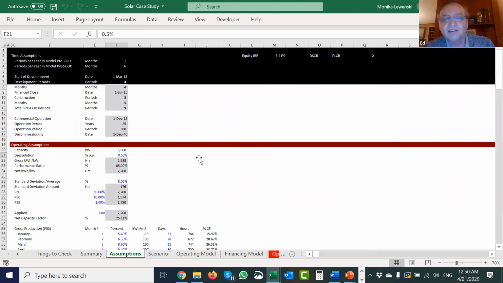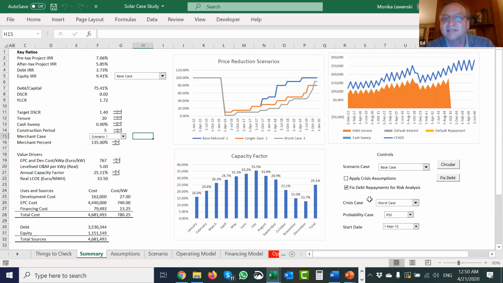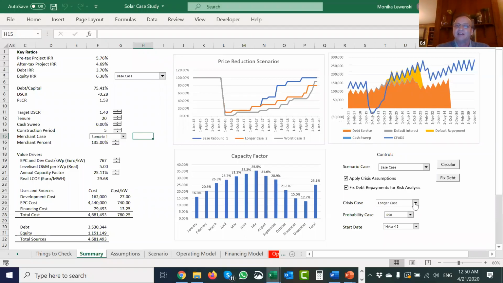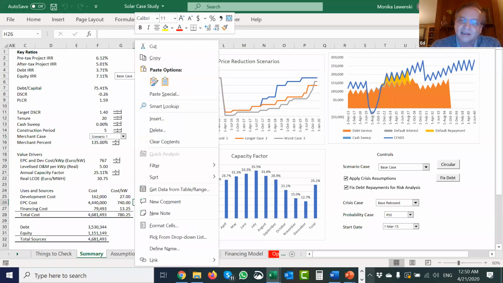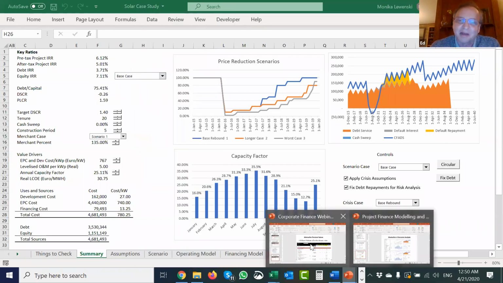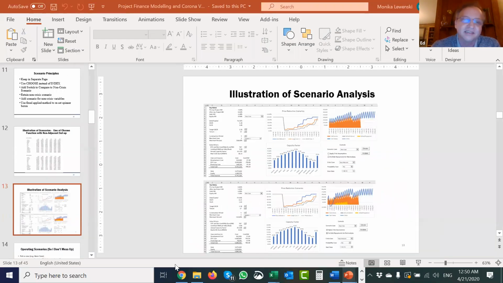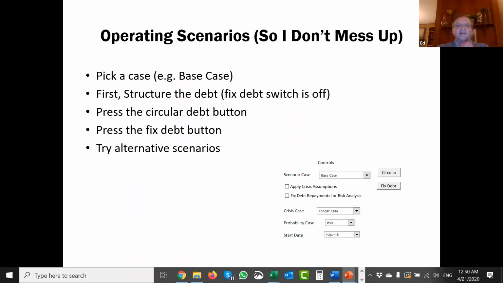Now, what you can do then is I think I'll apply the crisis assumptions, and then we can put different scenario analysis when we recognize that we don't know everything about the world, and things are uncertain. Oops, I went to the wrong thing. So let me just explain a couple of other ideas.